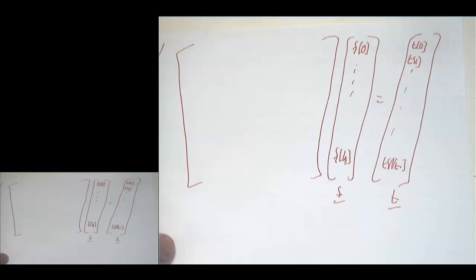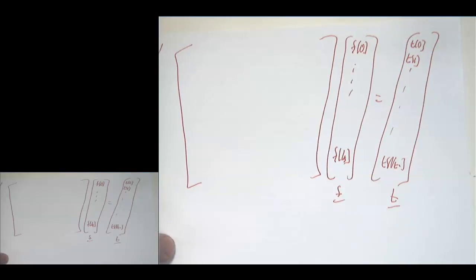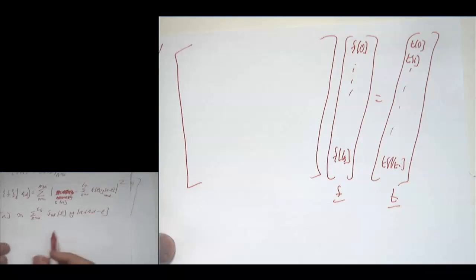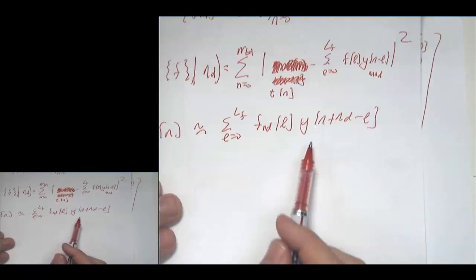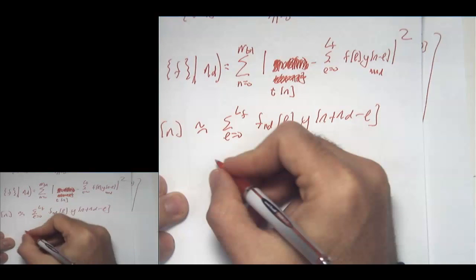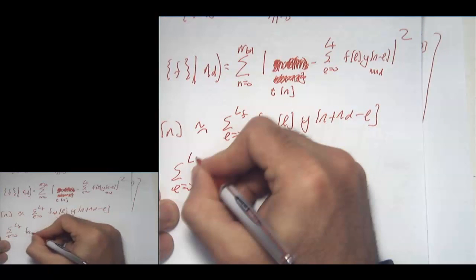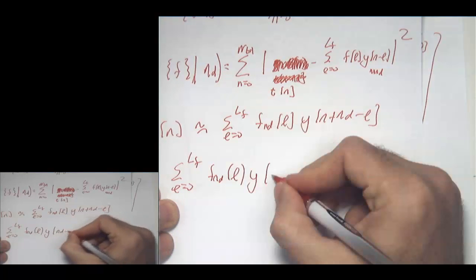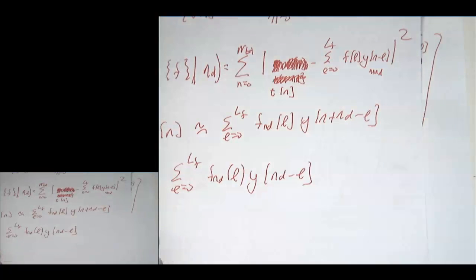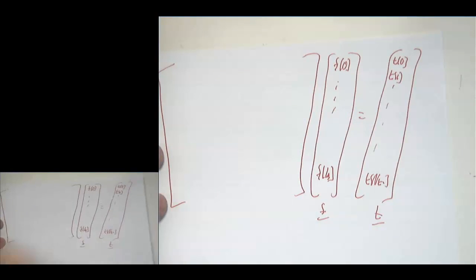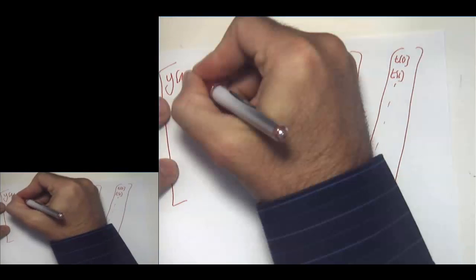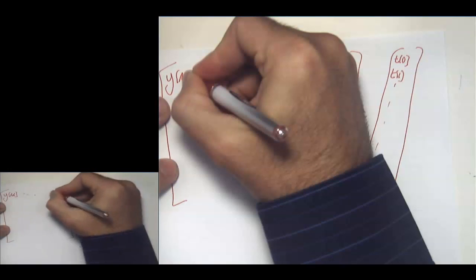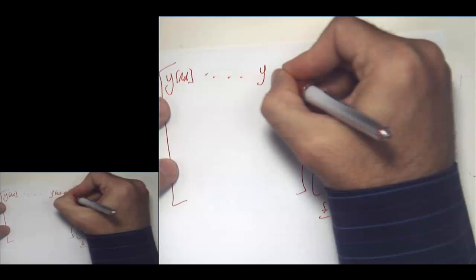So to populate this, we look at this convolution here. We start out with 0 here. If we started out with 0, we would get the sum of 0 to LF of f of L, y of nd minus L. And so then we just put that in the first row here. So that'll be y of nd, dot dot dot, y of nd minus LF.